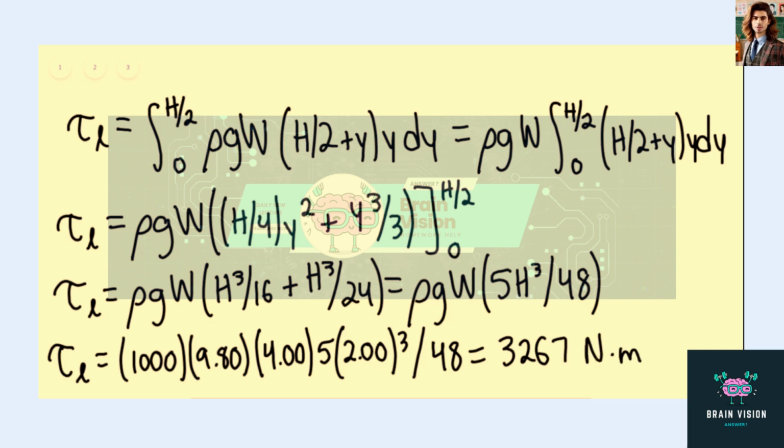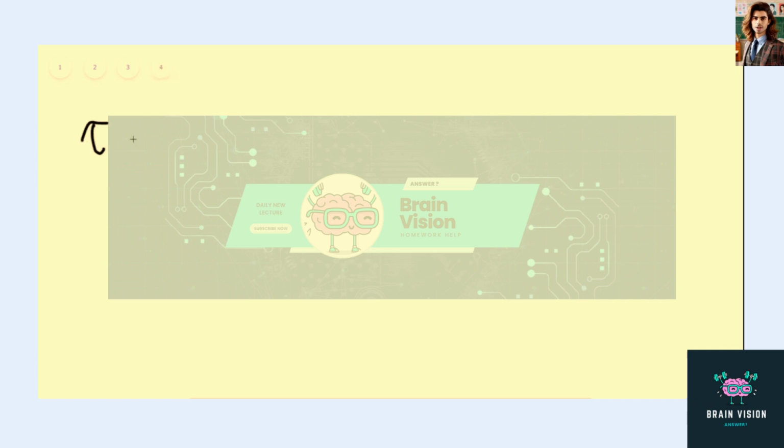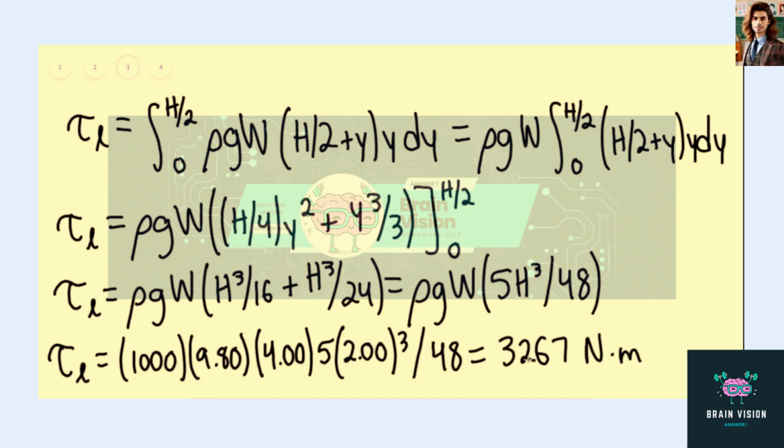Now, the total torque, tau, would be the torque on the lower half minus the torque on the upper half, according to the sign conventions. My apologies, I said 3,267. It's actually 32,670.